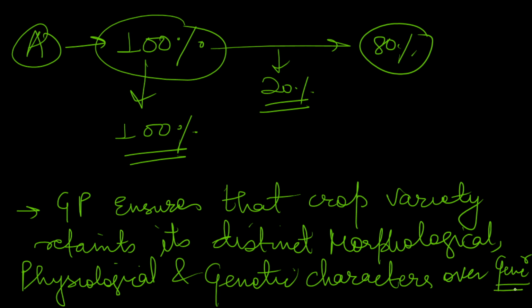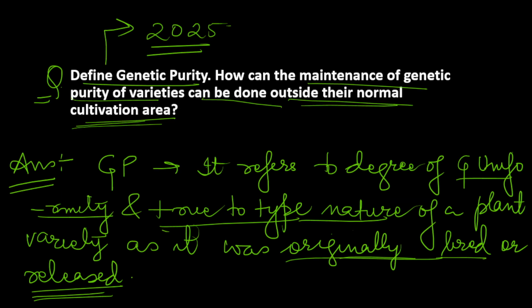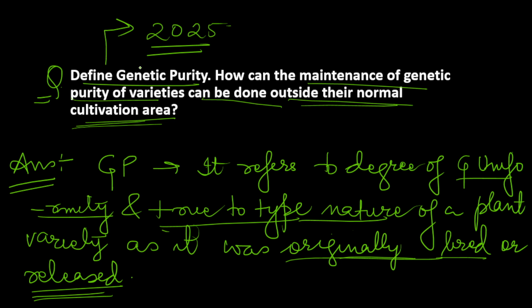So genetic purity also ensures that the distinct morphology of the plant variety, the distinct physiology of the plant variety, and the genetic characters of the plant variety are maintained over generations. Suppose it is 100% now, after 5-6 generations also it is 100%. It doesn't decrease to 80% or 70% or anything. So this is how you can define genetic purity, and you can also add these things in your explanation in the answer. So I hope you understand the first part of the question.